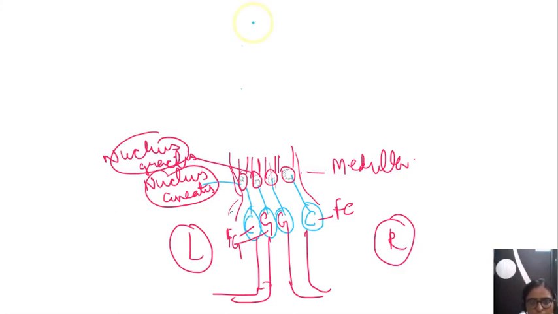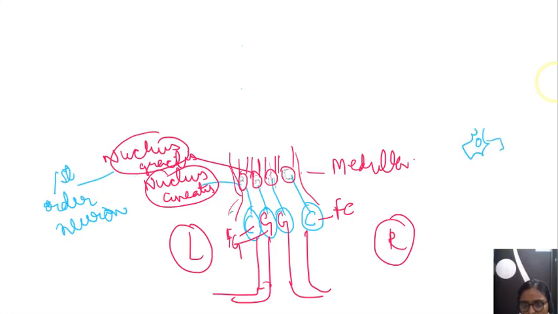It is worth repeating because here your first order neuron forms. I will make it clear what first order neurons are. See, for example, this is a neuron and this is another neuron, and it synapses over here. So your neuron originating from your skin coming to the dorsal root ganglion, then to the dorsal gray horn, will form the first order neuron here at the nucleus cuneatus and nucleus gracilis.